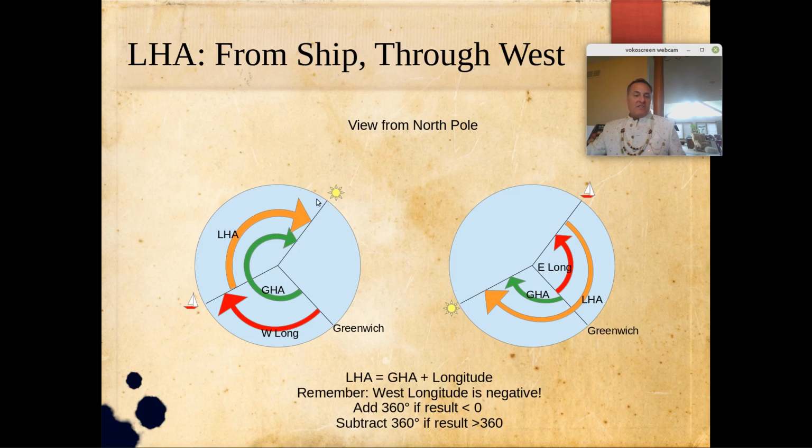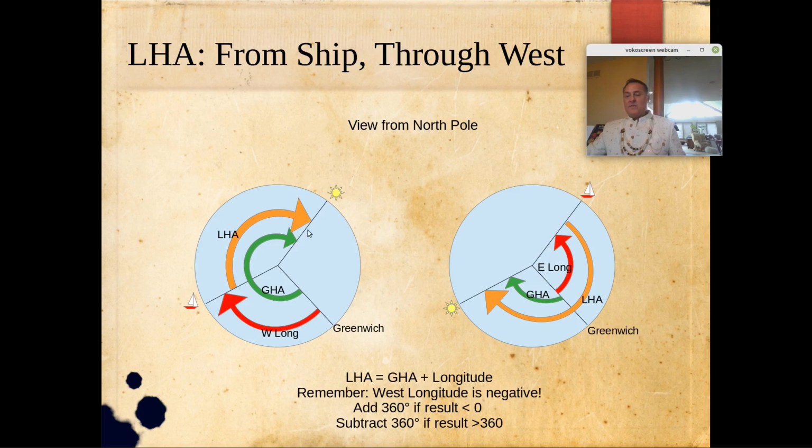Okay, and you can see how the difference between the Greenwich hour angle here in green for the sun and the west longitude for the boat in red, the difference between them is this local hour angle. And that's the angle between the sun and the boat.